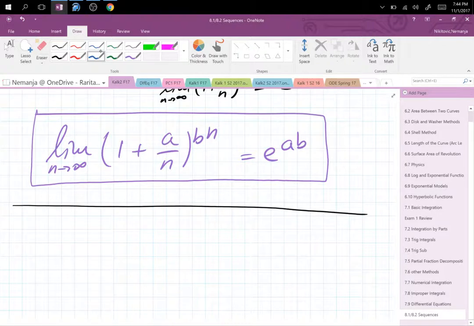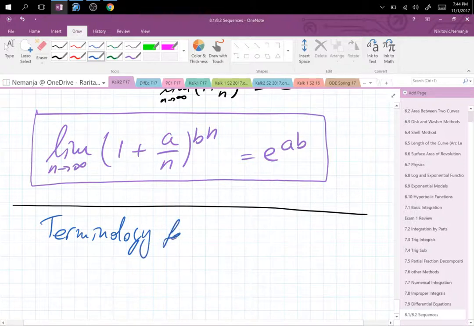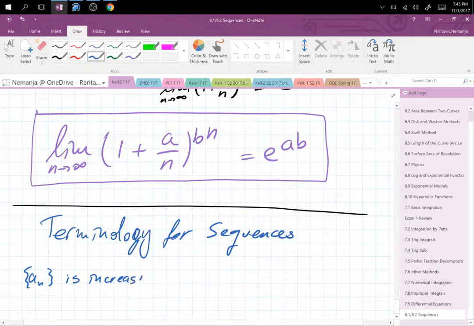Terminology for sequences. Sequence a_n is increasing if a_(n+1) is larger than a_n.